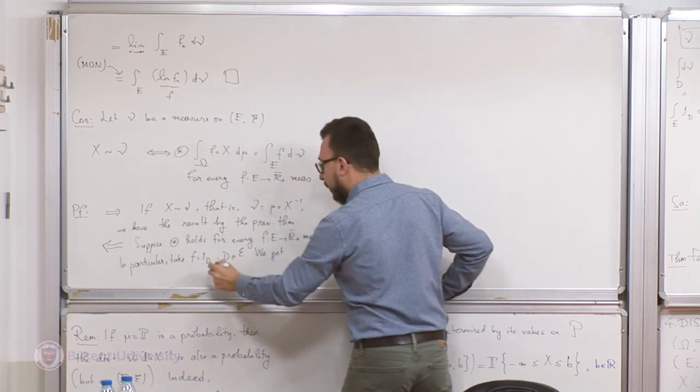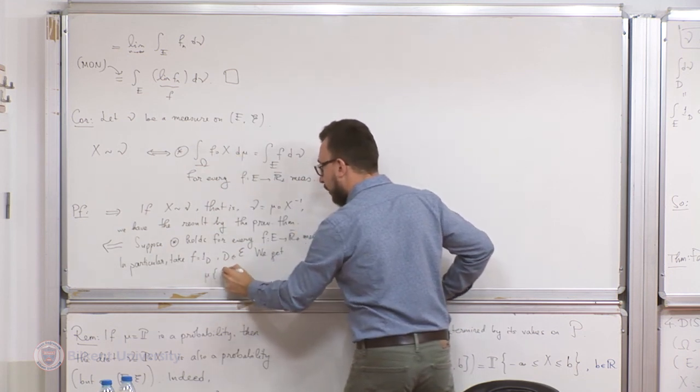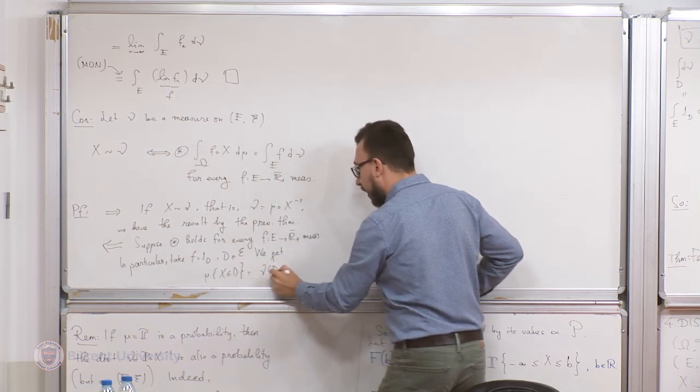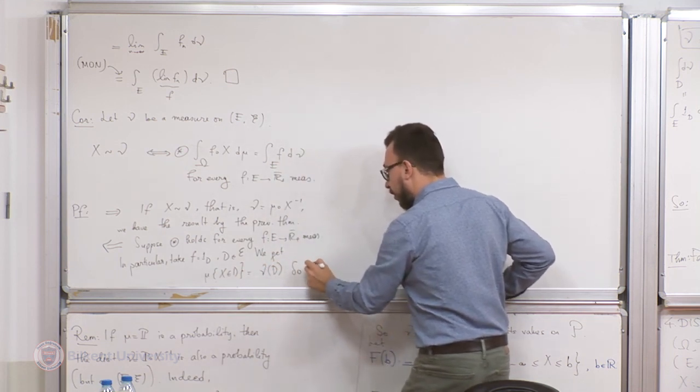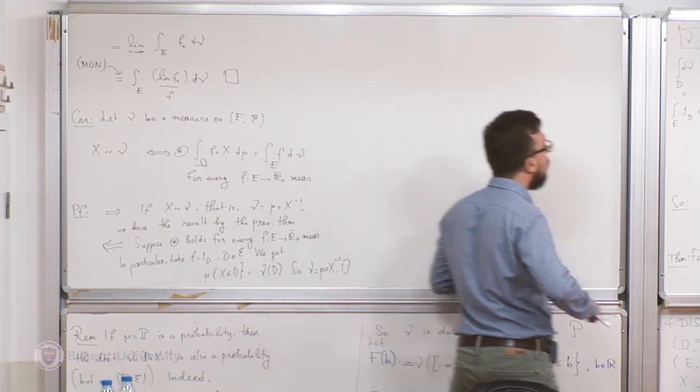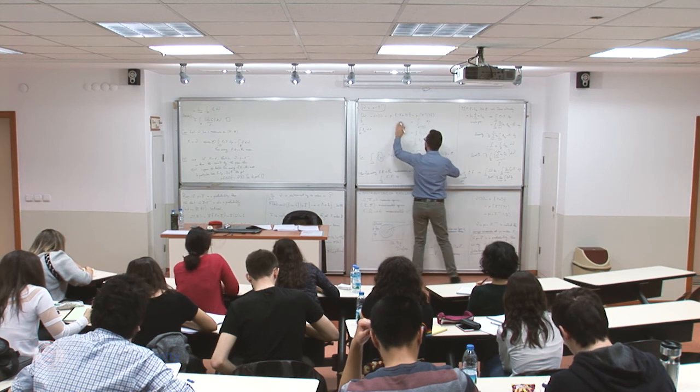This integral gives us mu of X is in D, and this integral gives us nu of D. So nu is mu of X inverse. Just the calculation that we did here, right?